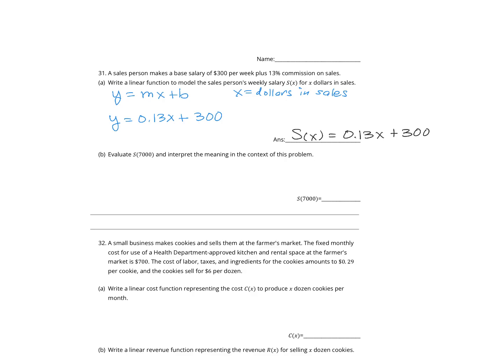All right, so next up, they want us to calculate S of 7,000. And again, that's just substituting it in. So that's 0.13 times 7,000 plus 300. And when you calculate that out, you should get an answer of 1,210.